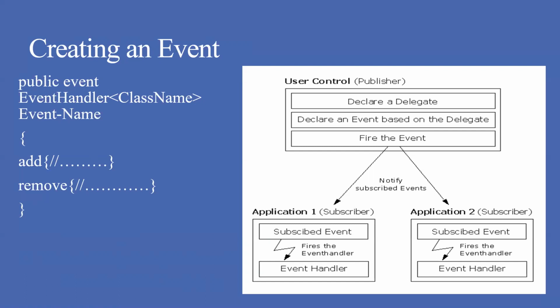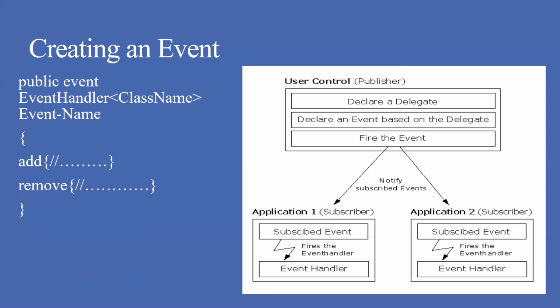Then we write the name of the delegate, the event handler, followed by the class name, and finally the event name. Inside that, we can write our code, and add and remove are methods to add a subscriber to or remove a subscriber from a publisher.